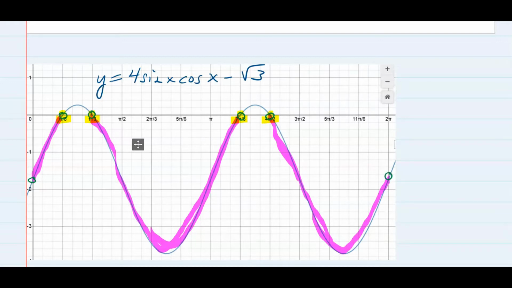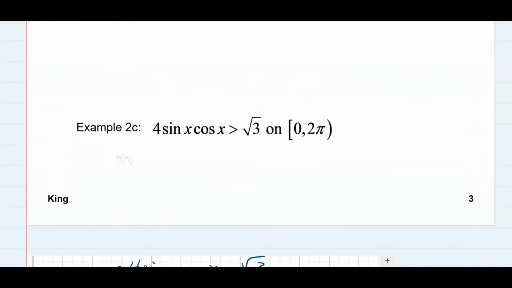And this is how we are going to form our solution now. I'm going to use a slightly different way of writing the solution, which is perfectly valid, maybe a little more mathematically sophisticated, you might say.